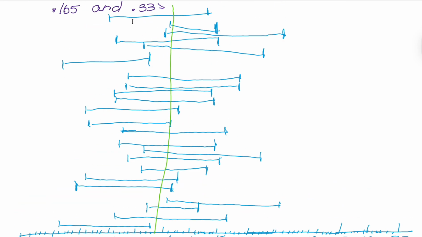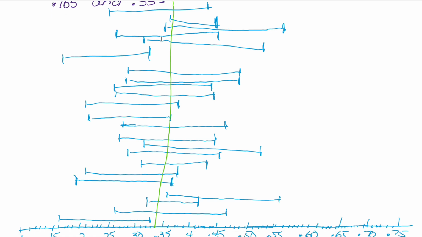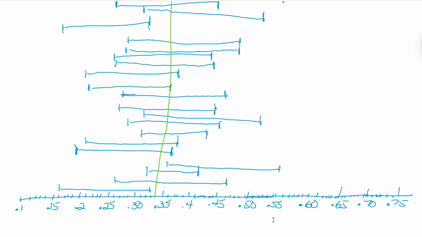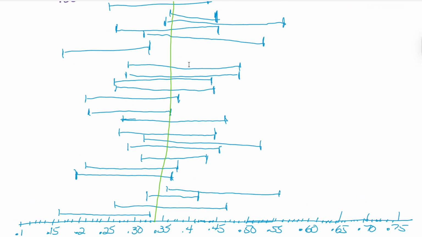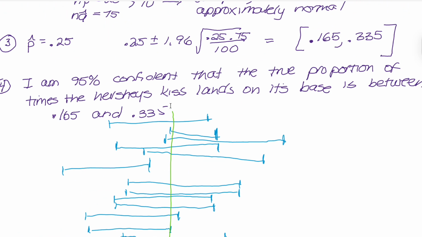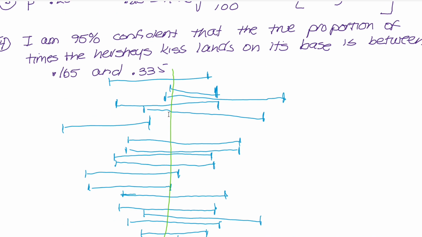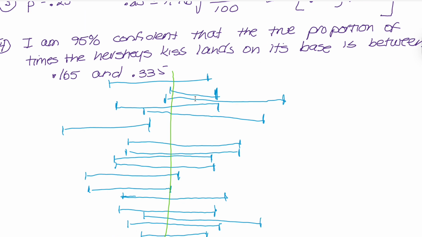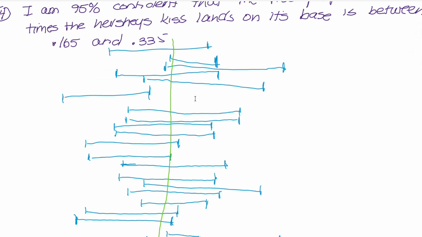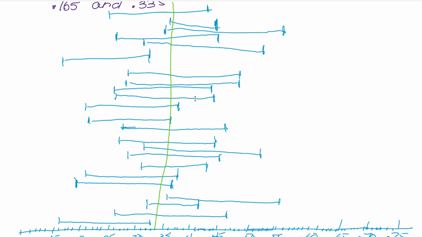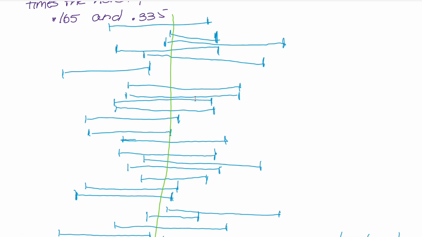So you can see that not all intervals lie in the same position, but roughly they have the same length, which is good. And you can see that if we plug in the numbers on the line right here, the true p, or the true proportion, is going to be somewhere right here. And not all intervals capture it, which is fine because we're only 95% confident. There definitely have to be 5% that lie outside of it. Or not have to be, but that's what we predict.